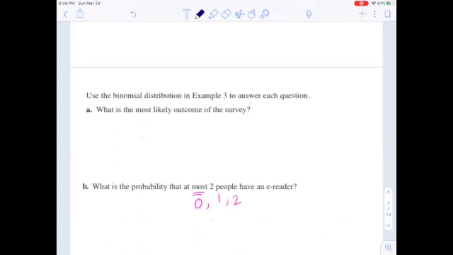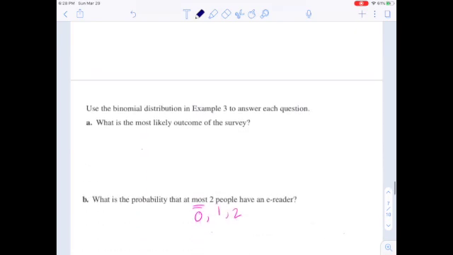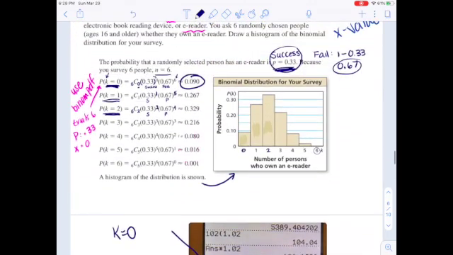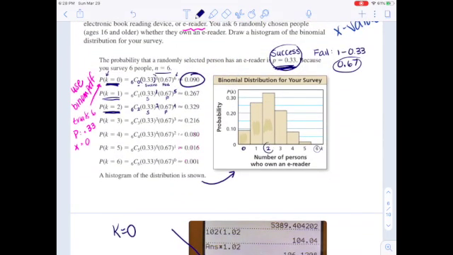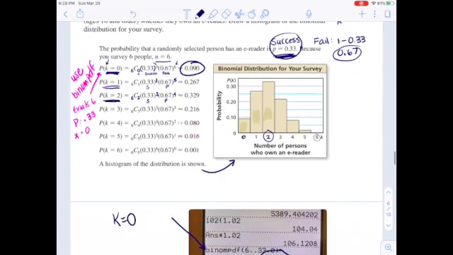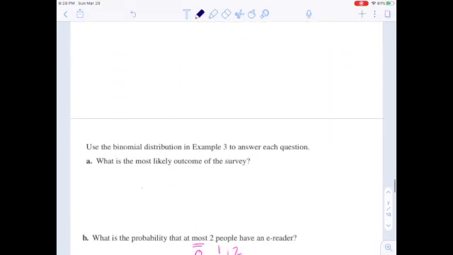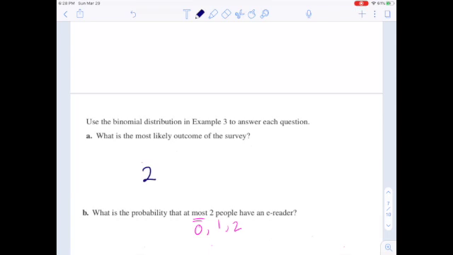We're going to use this binomial distribution to answer a few questions now. What is the most likely outcome of the survey? We kind of already talked about that, but let's take a look. We know that it's 2 because it has a probability of 0.329. So we'll say 2. And what is the probability that at most 2 people have an e-reader?